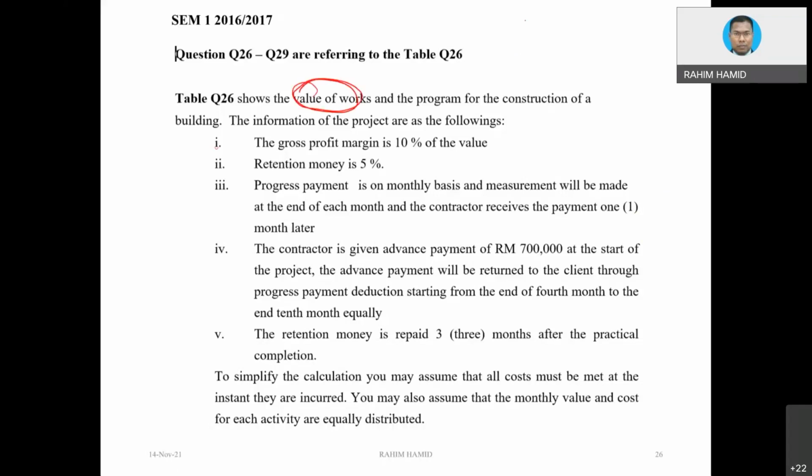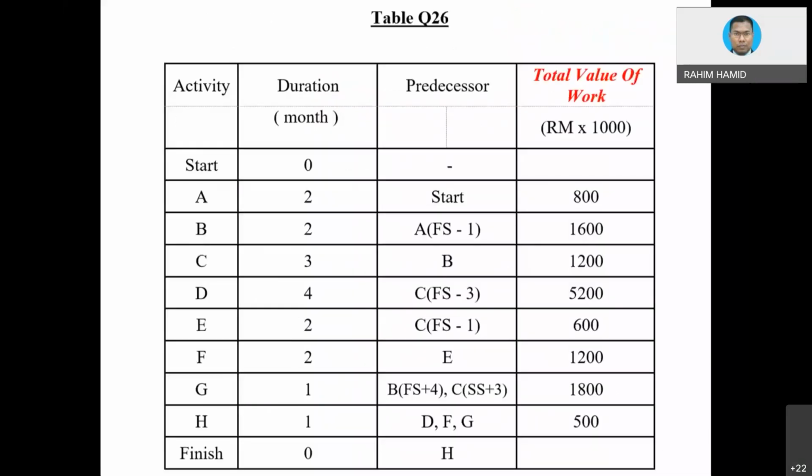Remember, when we want to develop data, remember this formula: value equals cost plus profit. So it looks like value is given. How do you know? It is mentioned here, and the data show the value of work.